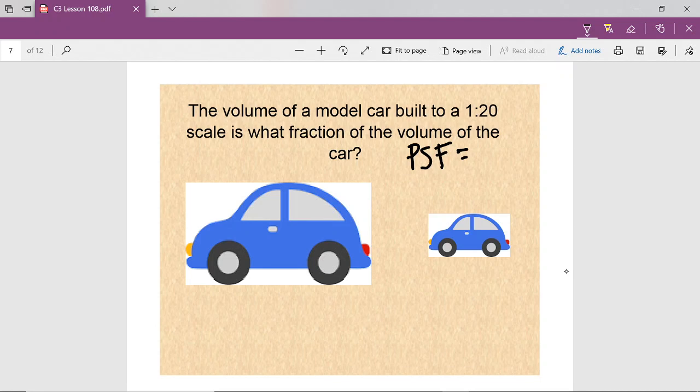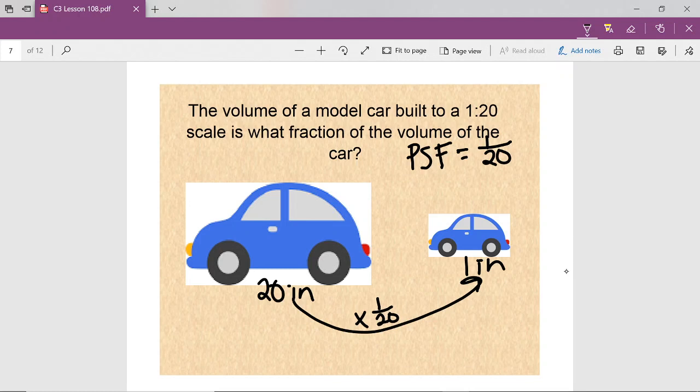What I'm going to say is maybe this has a side length of 1 inch. So for the ratio to be true, I would say this is 20 inches. Well, going from 20 to 1, I must have taken 1/20th of the amount. But that's the perimeter scale factor, 1/20th. That's the scale that we're using, 1 to 20.